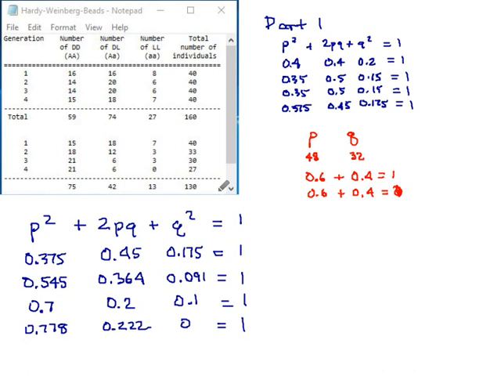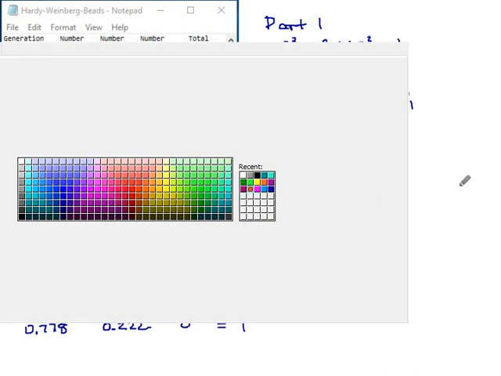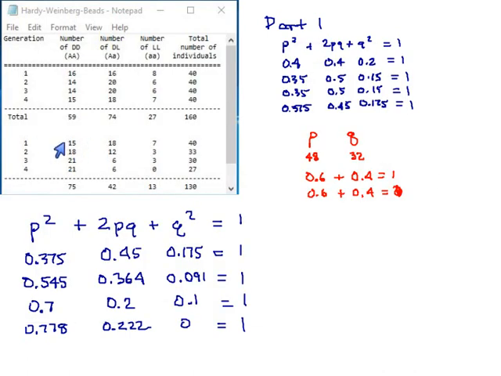And in part B, they say use the class data to determine allele frequencies. We can do allele frequencies just using our own data here, so let's get that done. Remember, when we're looking at alleles, each of these individuals came from 2 dark blue beads, and each of the hetero individuals came from 1 dark blue and 1 clear, and each of the homozygous recessive individuals means 2 clear.